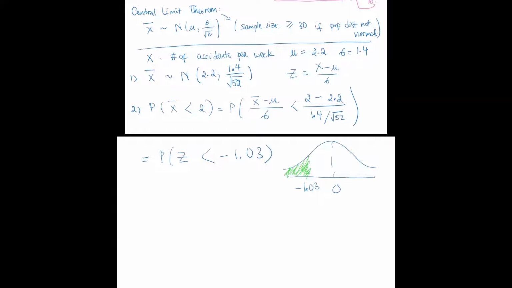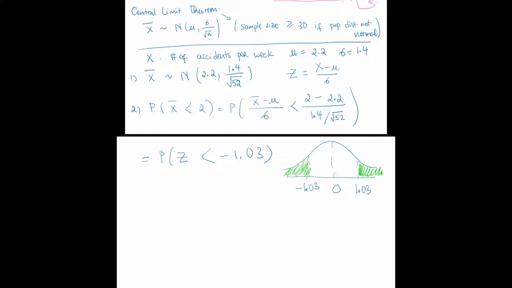And we realize that normal distribution is symmetric. So here I have negative 1.03, here I have 1.03, and this area is the same as this one. These two areas are the same. And this one is just 0.5 minus this area, right?